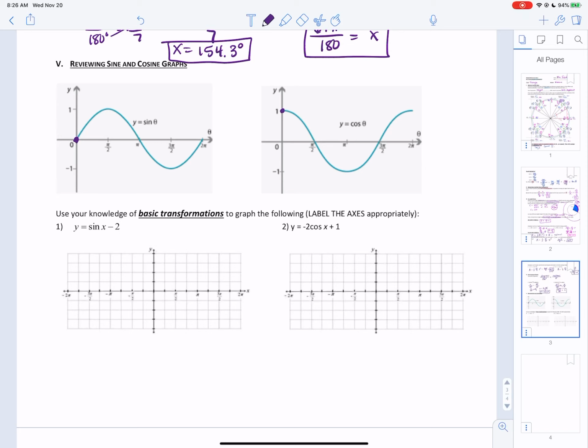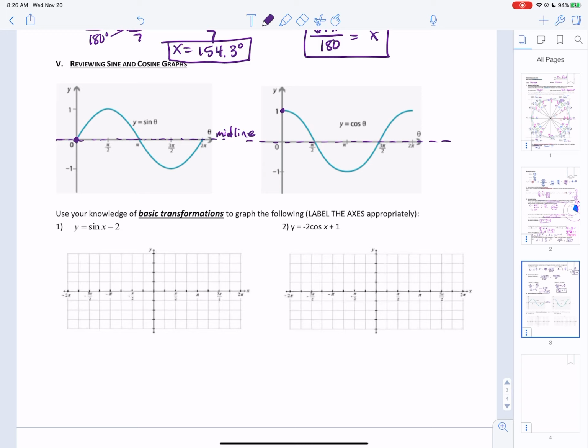The key to graphing these things is understanding that there is a midline that's kind of key to everything here. So the midline, when it's a parent function, is right here at the x-axis. So for both of these, the midline is the x-axis. That midline is really important.